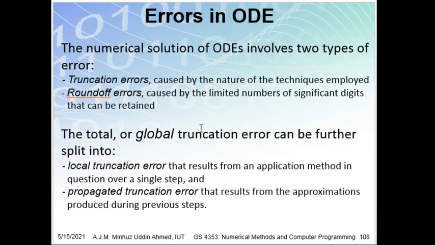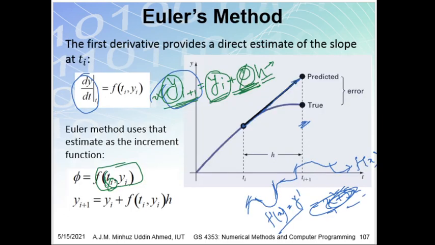The total or global truncation error can be further split into two. If we focus on the truncation error, it is generated if we don't use the higher order, that is, if we assume this as a straight line, although it is not a straight line, the function is changing throughout the points. That's why the slope which we have used should not be the linearized slope, rather it is a changing slope.